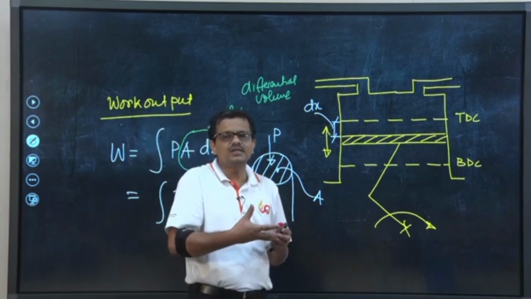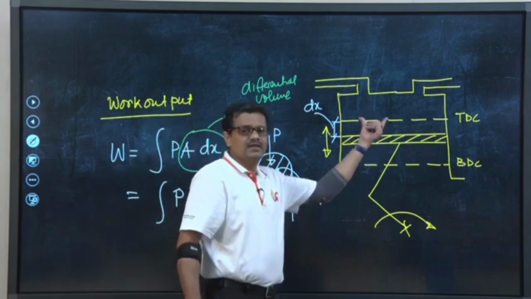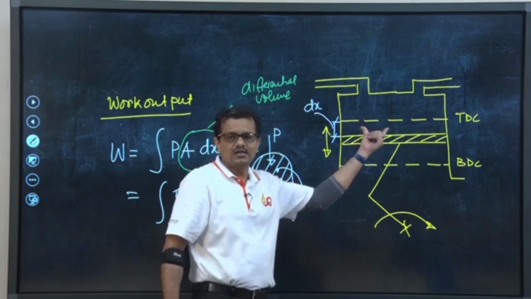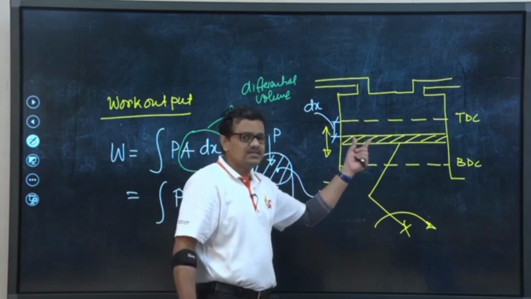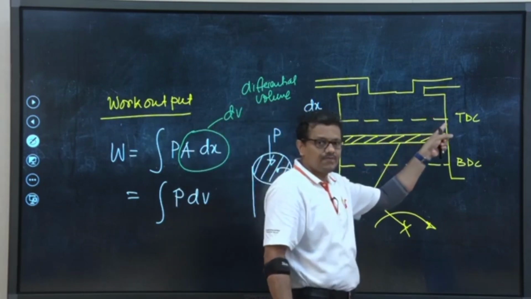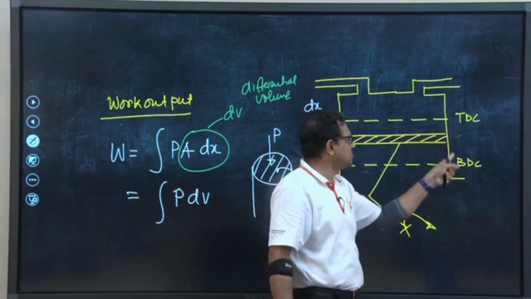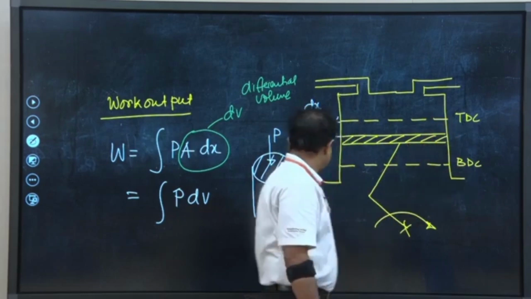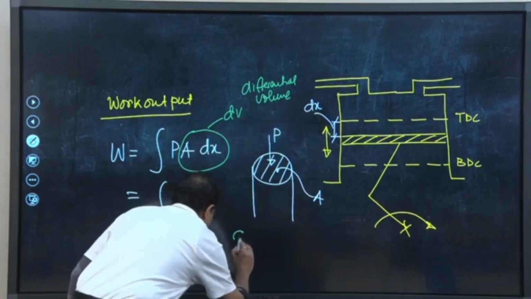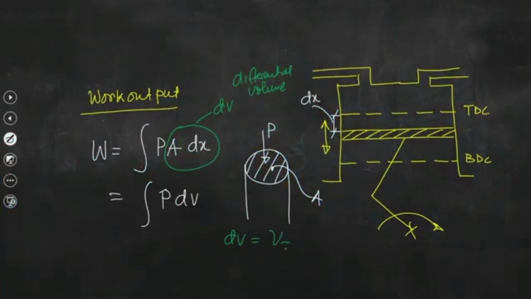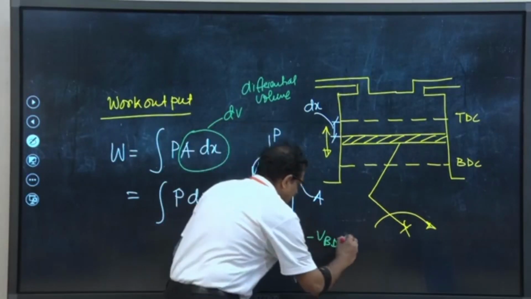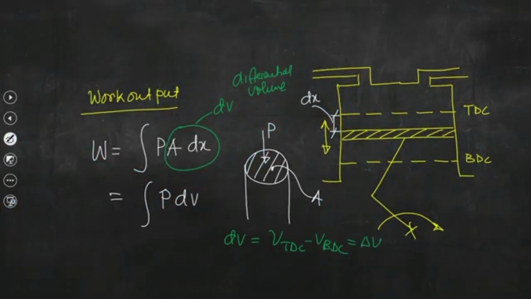If we can calculate the pressure at each and every point inside the combustion chamber, and because essentially the piston will have the change in volume from VTDC to VBDC, so this dV is VTDC minus VBDC, right.